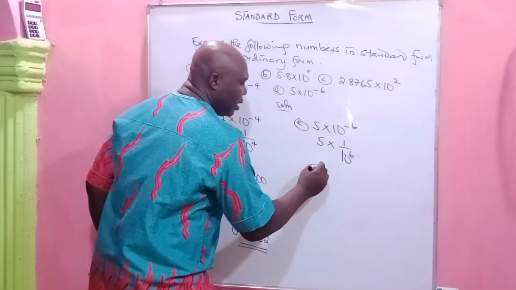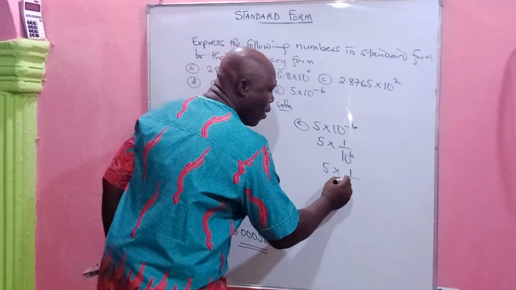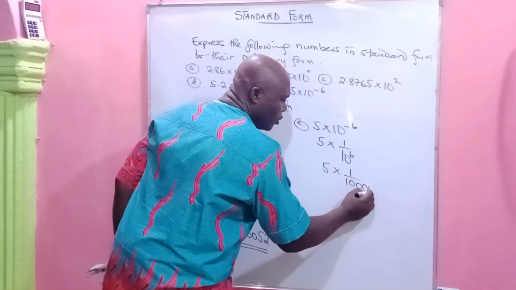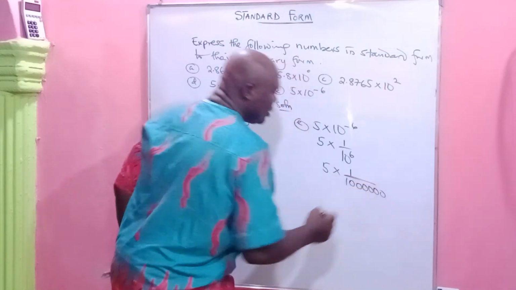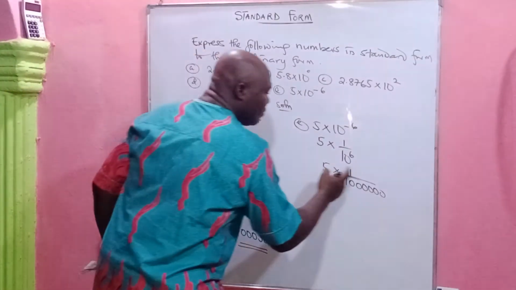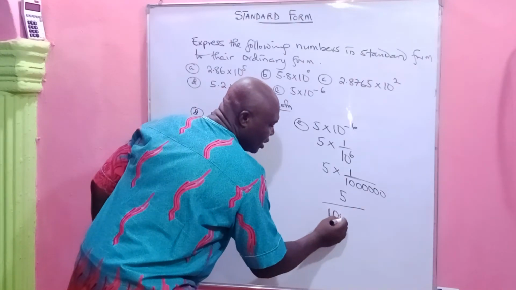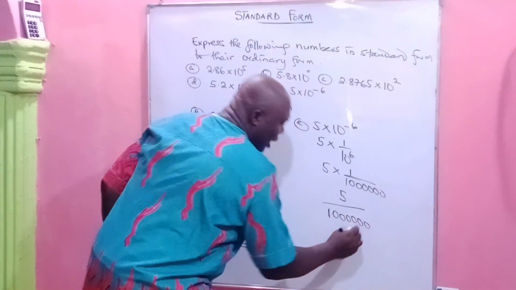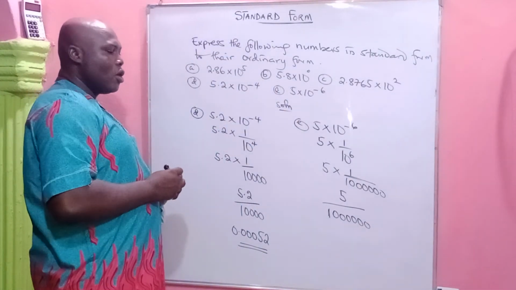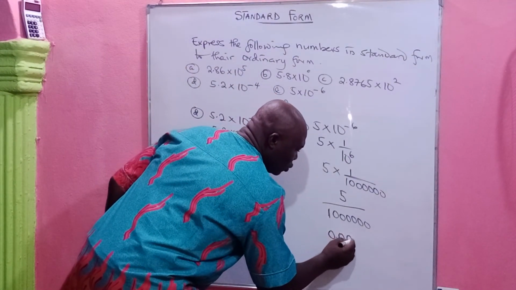So this is going to be 5 times 1 over 10 raised to the power 6 is 1 with 6 zeros. 1 with 6 zeros is 10 raised to the power 6. Of course, 5 times 1 will give us 5 all over 1 with 6 zeros.